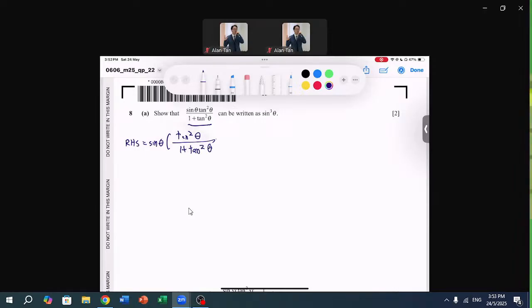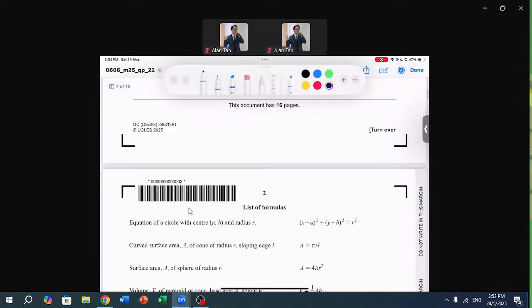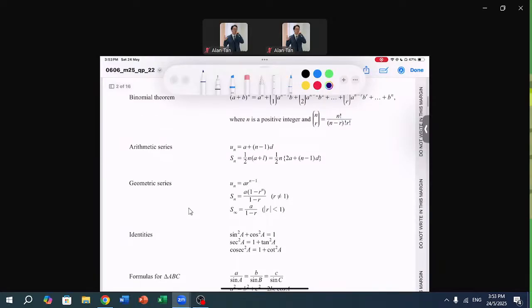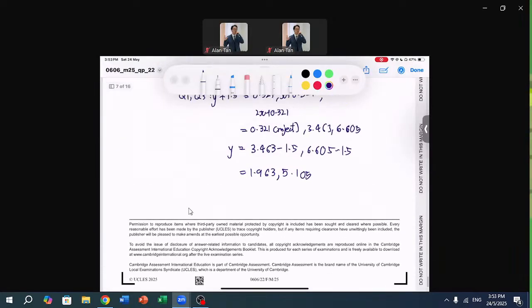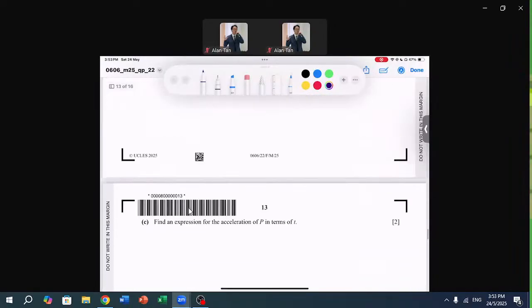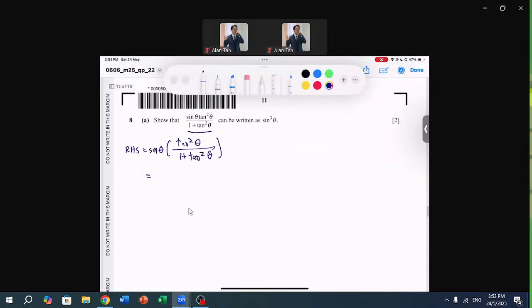And if I am correct, 1 plus tangent square theta should be sec square theta. How does this help me? It helps quite a bit actually. So we have tangent square theta over sec square theta.